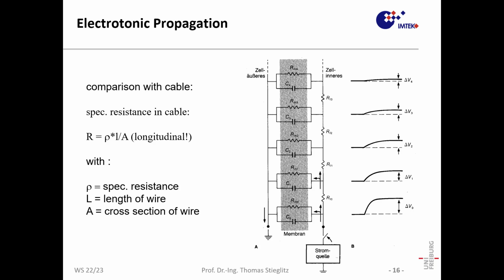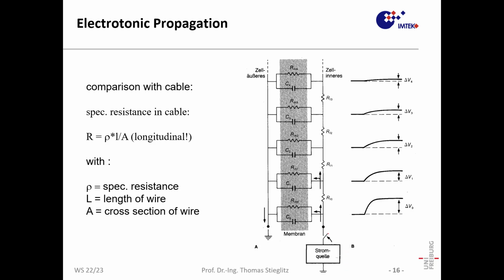So if we have now a nerve, this goes here from the top of the slide to the bottom of the slide, and we have the extracellular space to the left-hand side and the intracellular space to the right-hand side. And we would inject a current here from the current source. That trains your German a little bit.